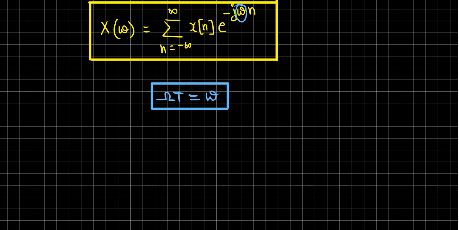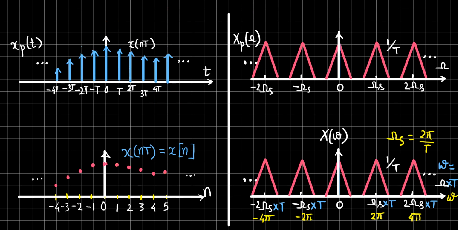The scaling factor is going to be capital T. So wherever you find omega, you just have to multiply that with capital T. So that's what we have done here. The xp of t is the train of impulses, which has the Fourier transform like this. If you want to retain the sample values, we simply have to scale the axis by T in order to obtain this 2 pi at the locations of omega s.